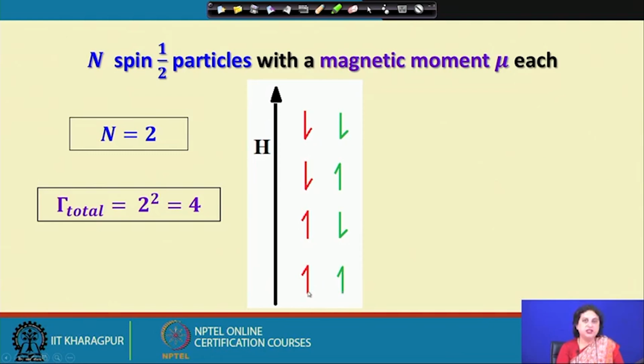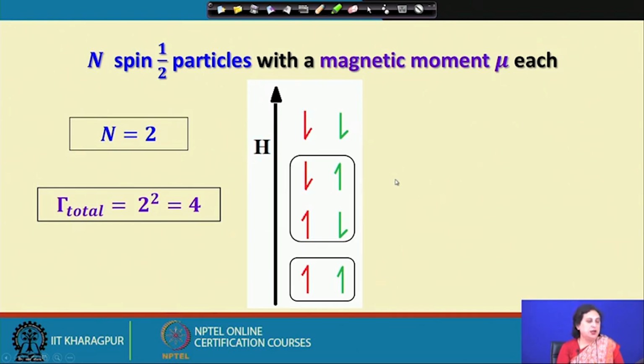Now, how many orientations or microstates can the red particle have? 2. So, the total number of microscopic states possible is 2 squared, which is 4, and these are the 4 microscopic states as defined for this system.